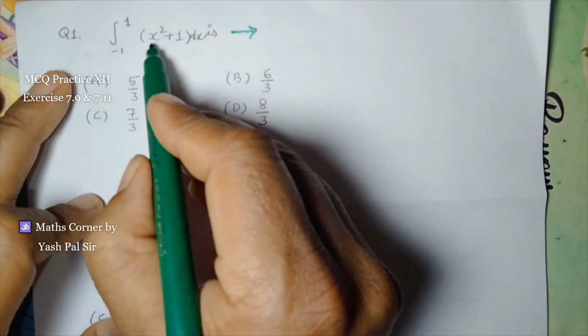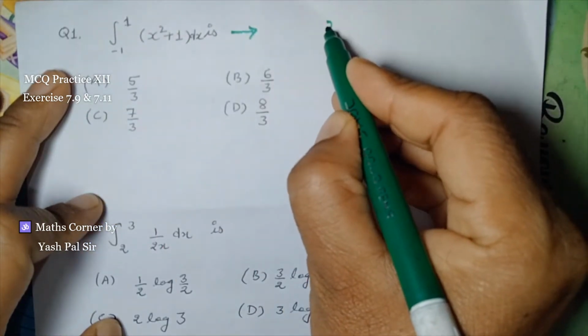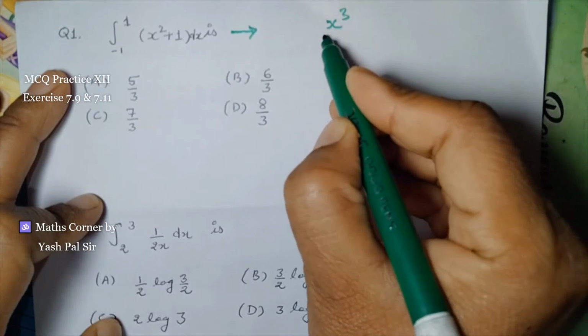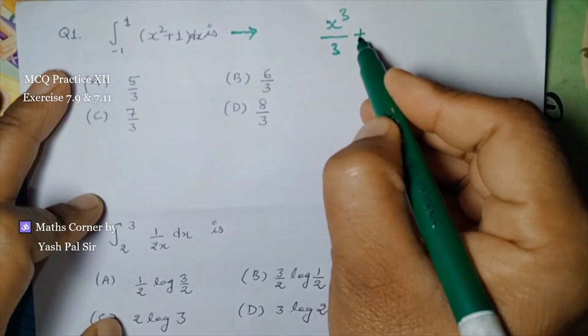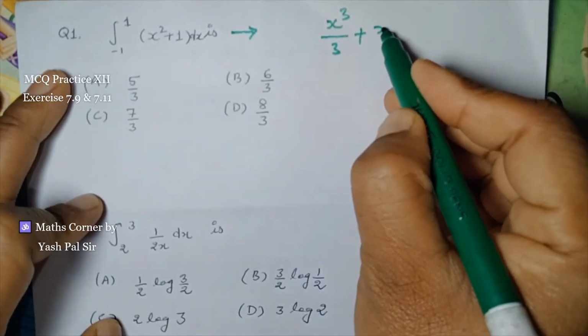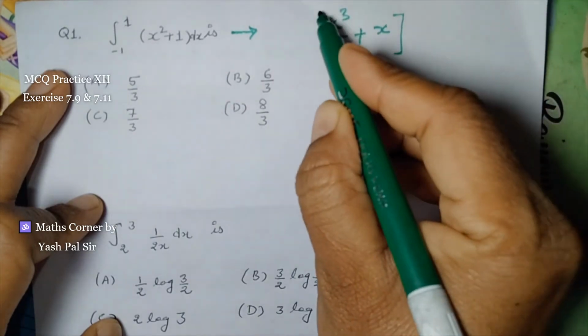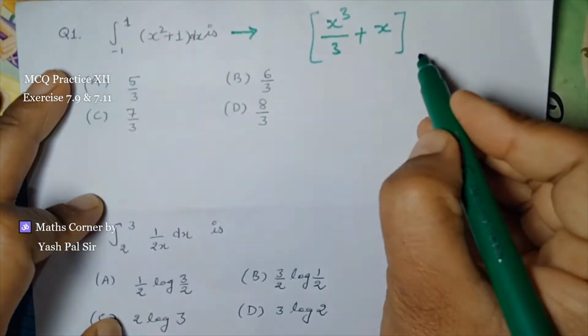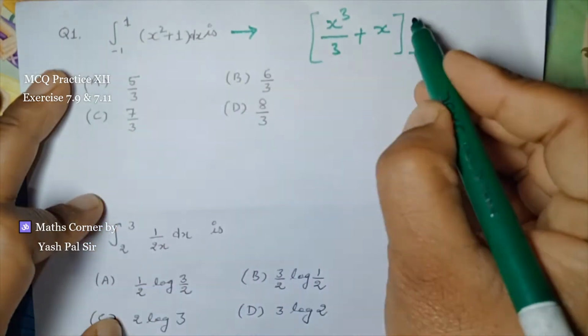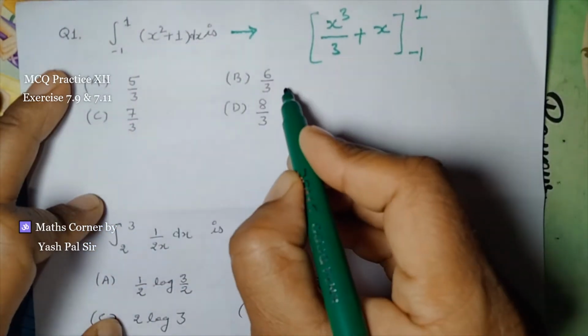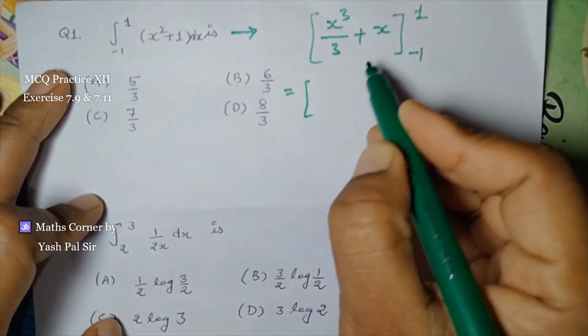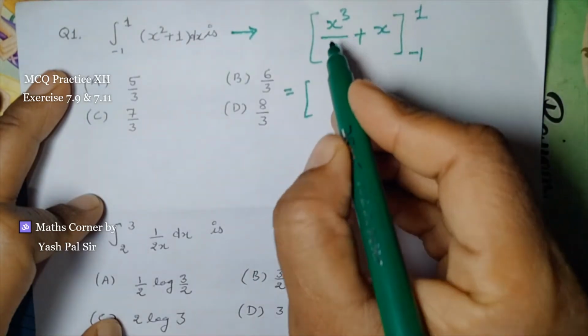From definition, what is the integration of x square? This is x raised to power 3 divided by 3, plus 1 integration is x. So we substitute lower limit minus 1, upper limit plus 1. First of all we substitute the upper limit in place of x.